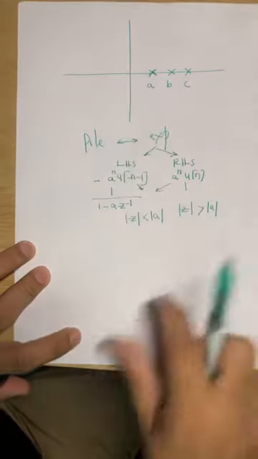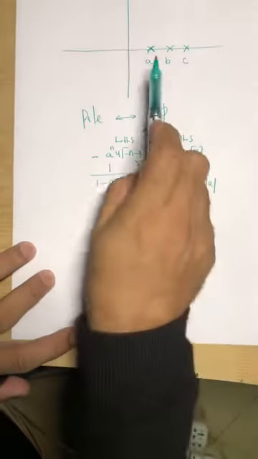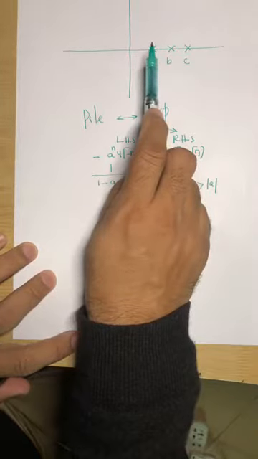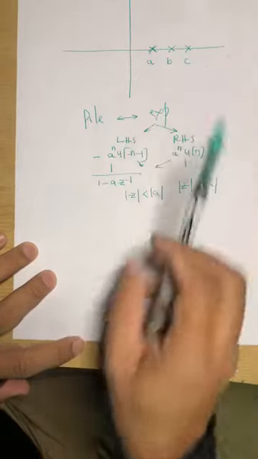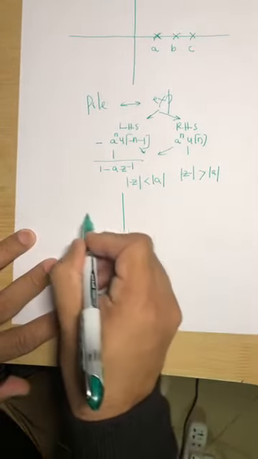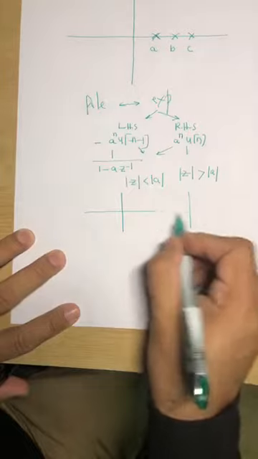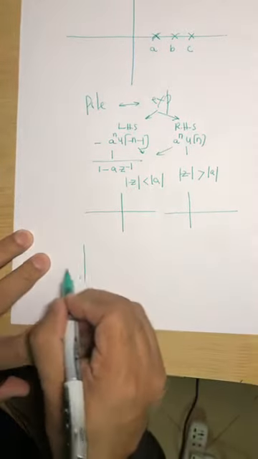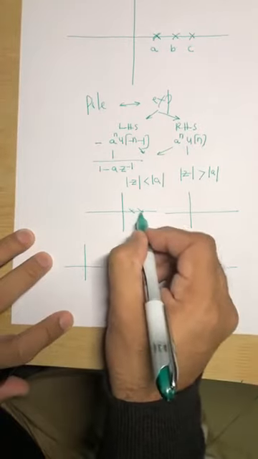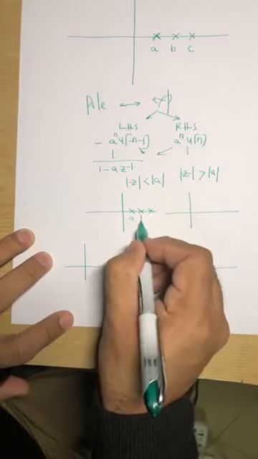If this question only gives you the poles, you may say all these 3 poles represent right hand side sequences.